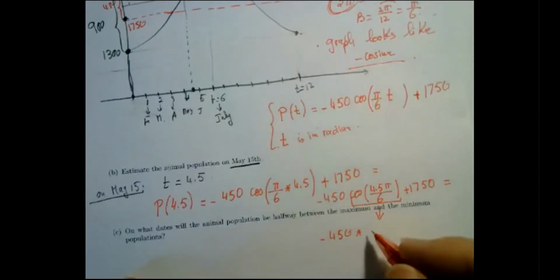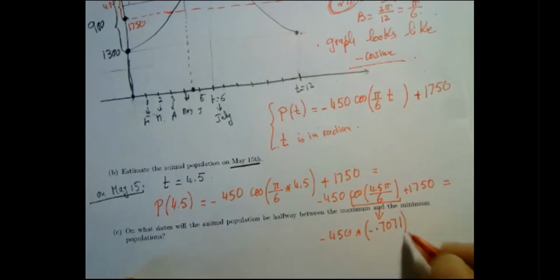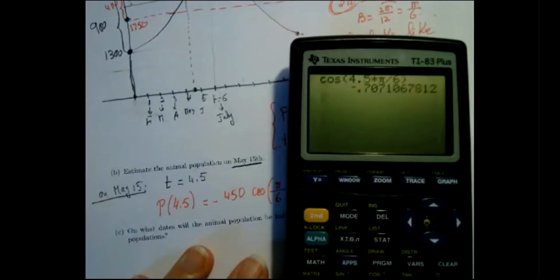So now I multiply this answer by minus 450, and then I add 1750 to it.